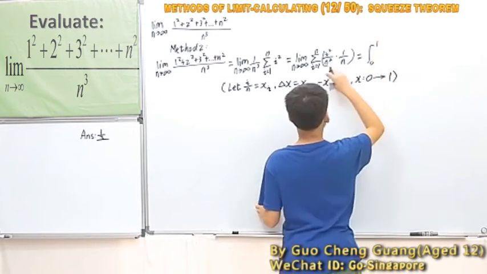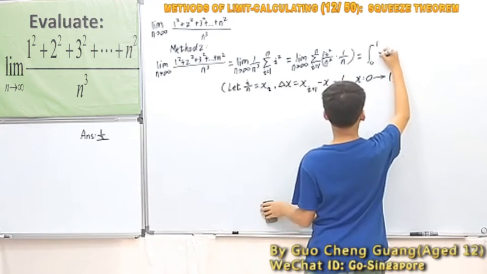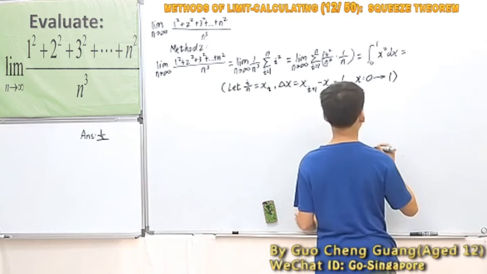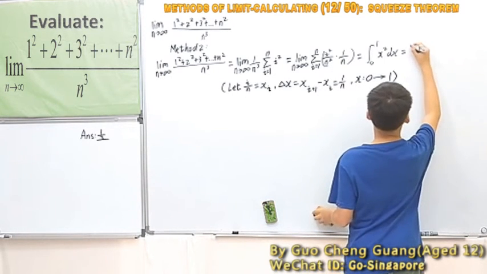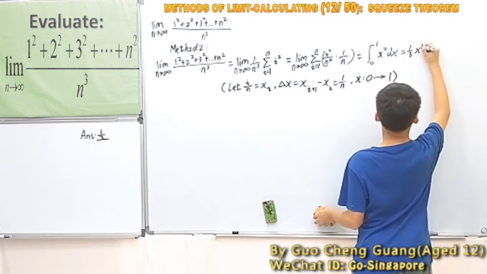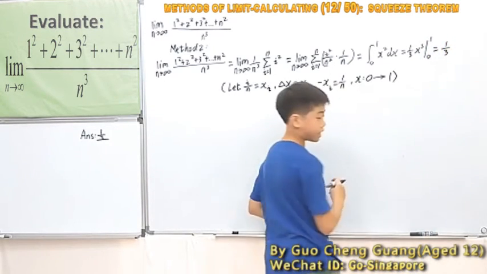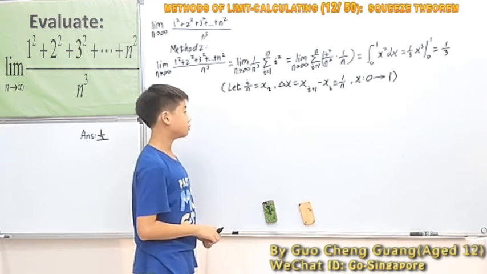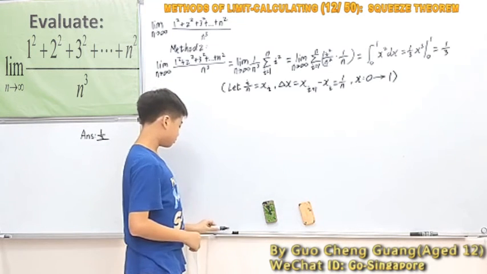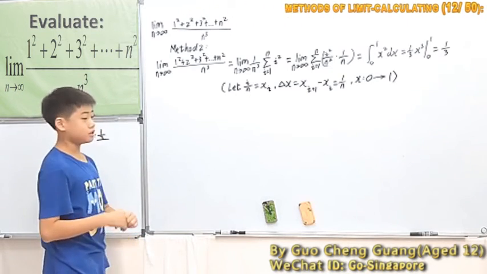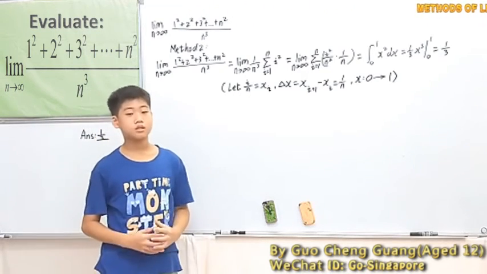Then inside here is actually x squared, then dx. And then integrate this, so it's 1/3 x cubed. Then you have to sub 0 to 1. And so what you get at last is 1/3, like this. So the answer is the same, so that means this method is correct.